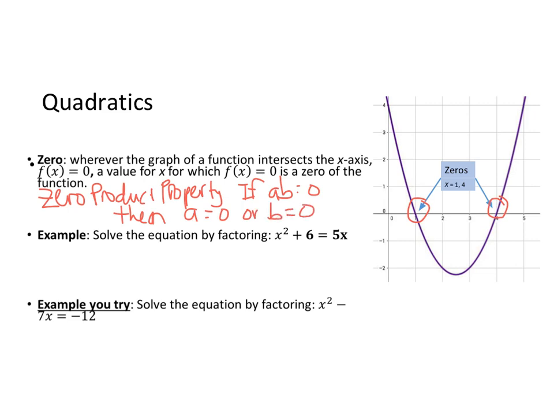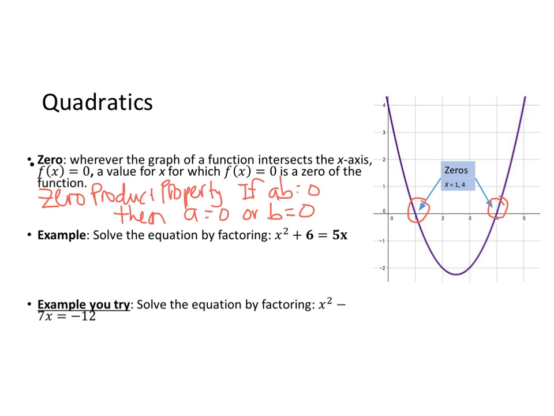So if I have two things multiplied together, I set each piece of the product equal to 0.